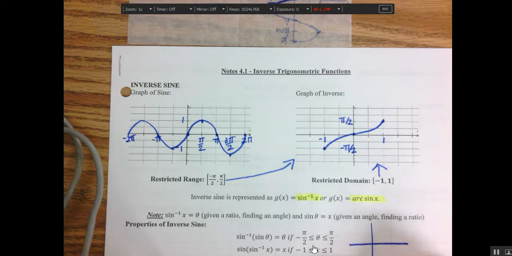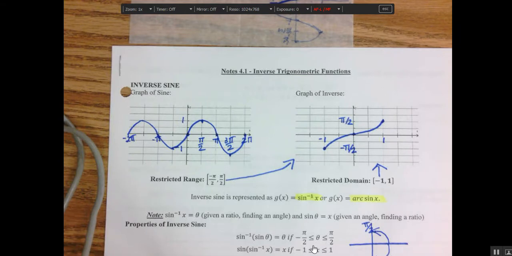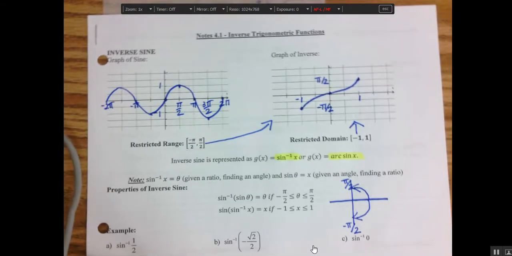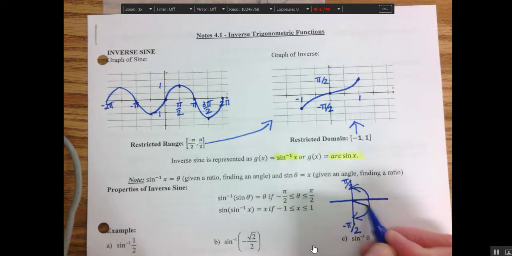Negative pi over 2 is down here. Pi over 2 is up here. So negative angles are when you go backwards. Positive angles are when you go this way. So if I had an angle in the fourth quadrant, instead of calling that like 11 pi over 6, I would call it negative pi over 6. Remember, you'd just be heading clockwise instead of counterclockwise.